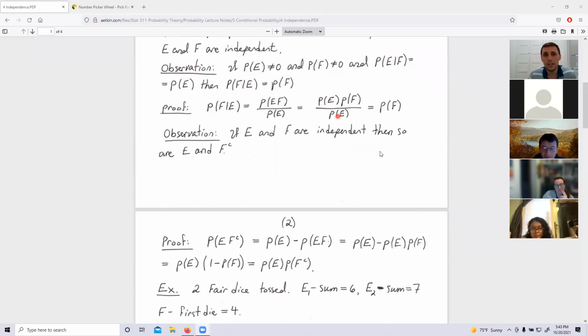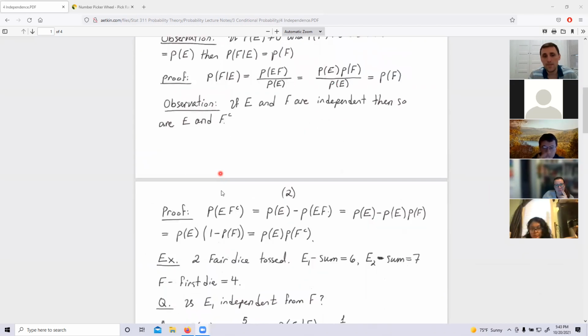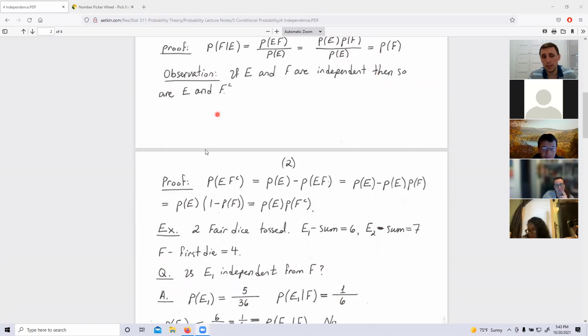So the other thing is, let's prove this other observation. What is the probability of E and F complement? That's by definition the probability of E minus the probability of E intersect F. You agree?